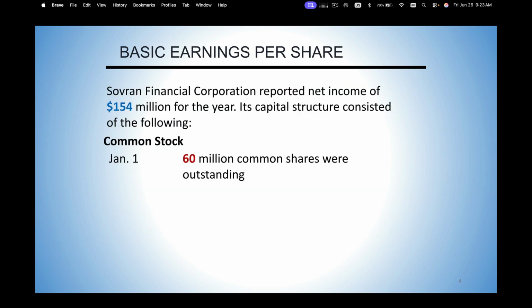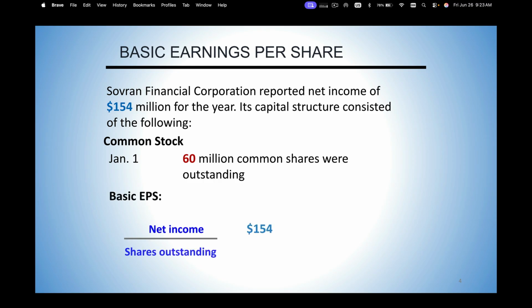So let's talk first about basic earnings per share. That's simple, straightforward. Sovereign Financial Corporation reported net income of 154 million for the year. Its capital structure consisted of simply 60 million common shares.